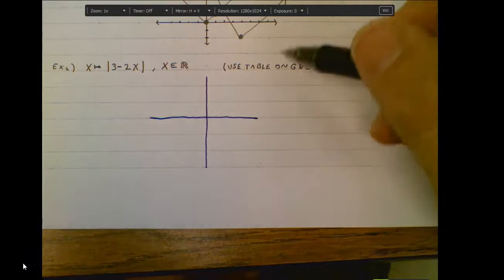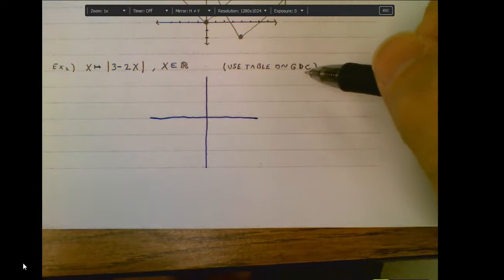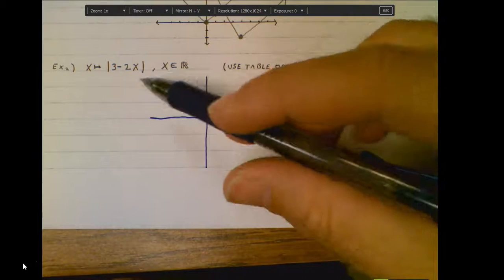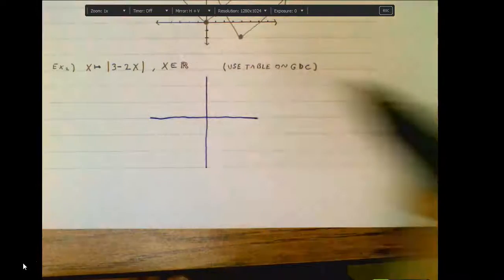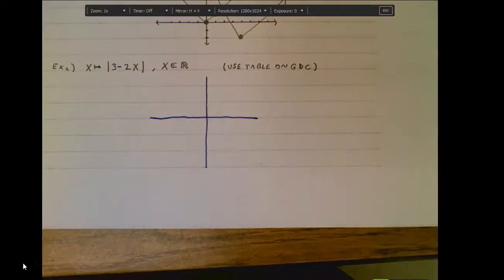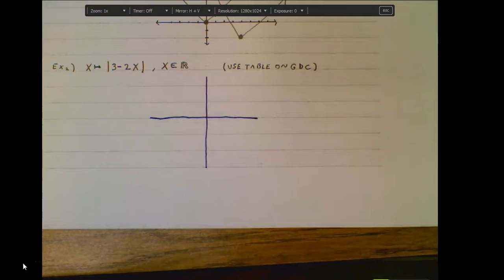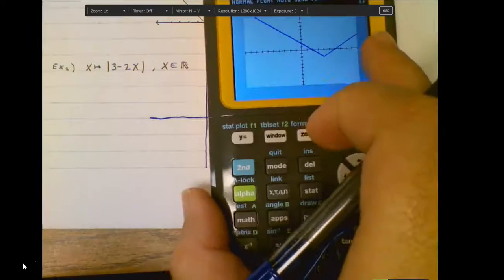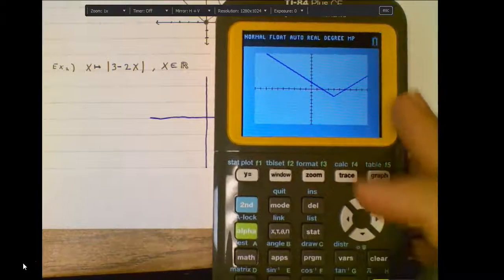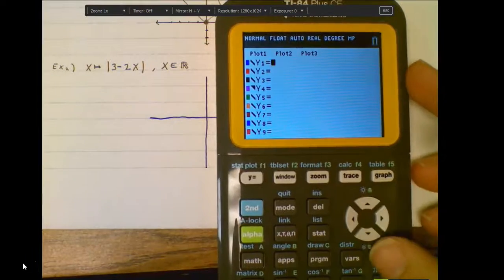And so you might want to take advantage of your graphing calculator for something like this. The last one was easy because it was just x. There was no number in front of x. But when you throw a number in front of x, that does make it harder to deal with in terms of translations. And so let me go into my graph on that one.